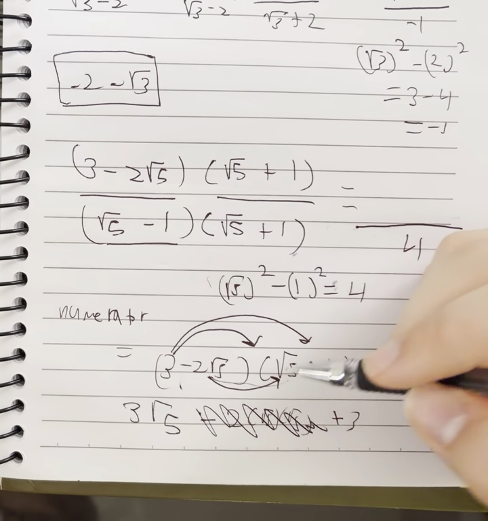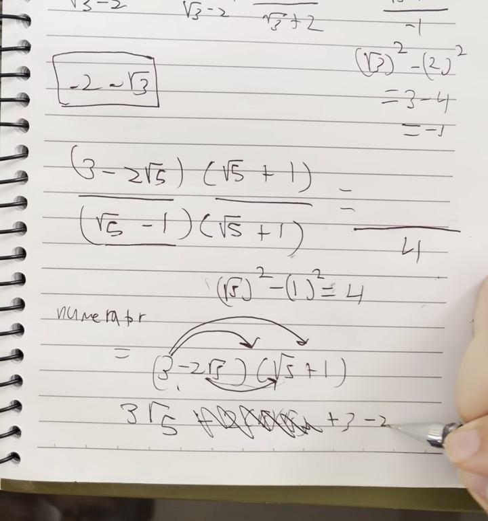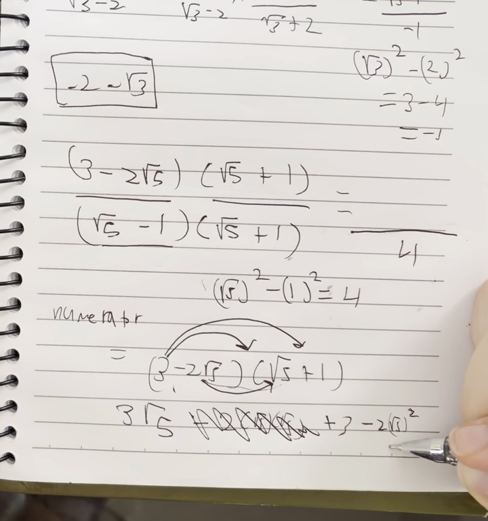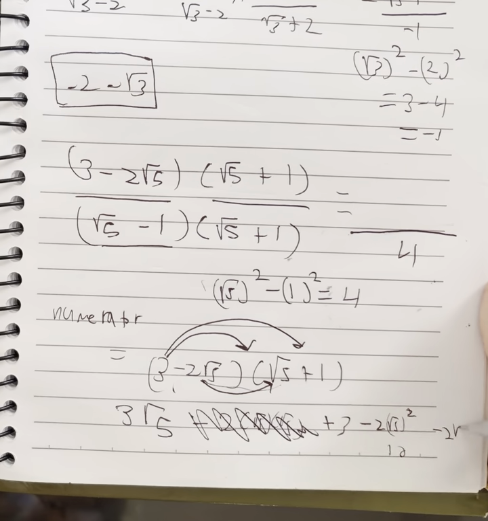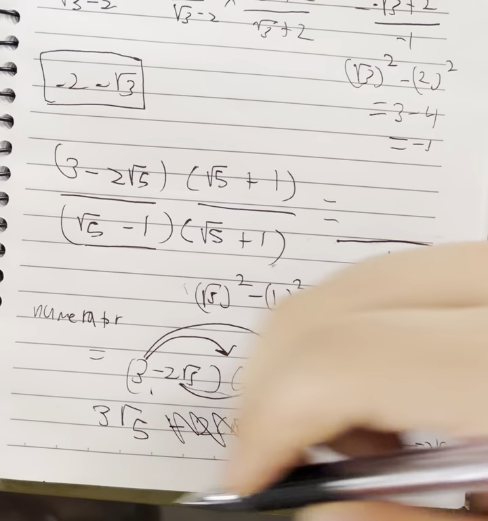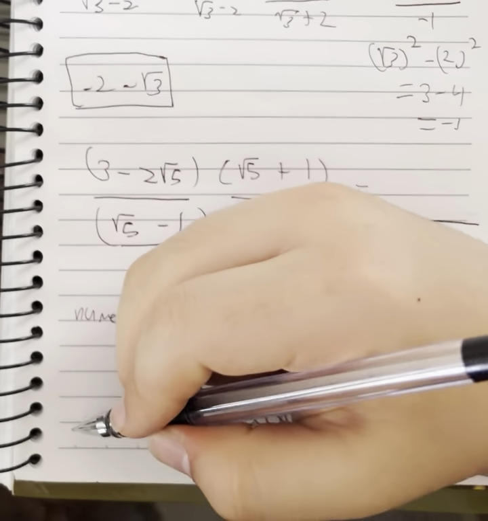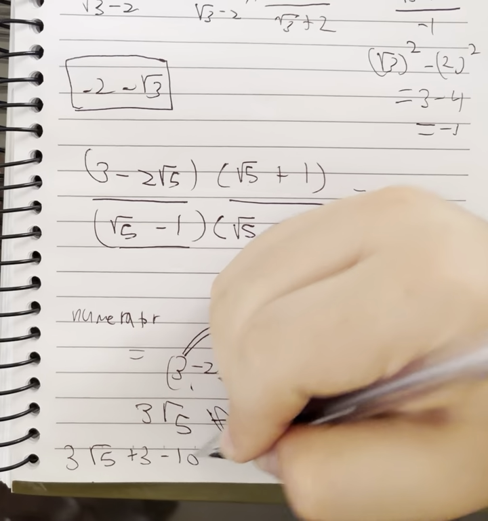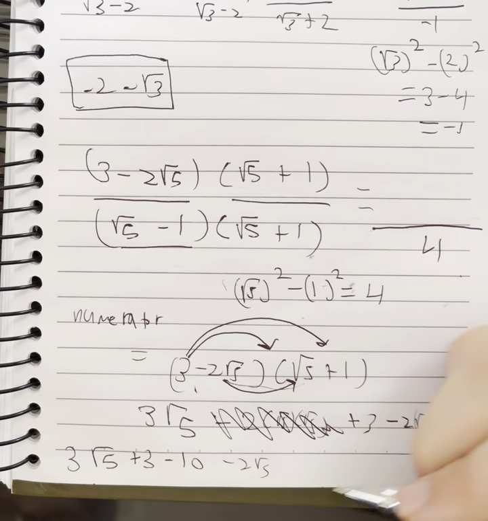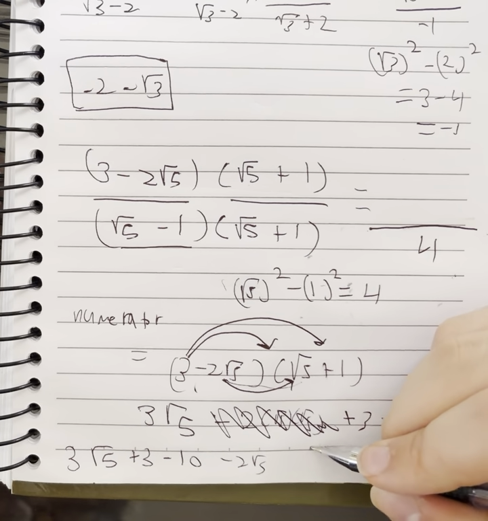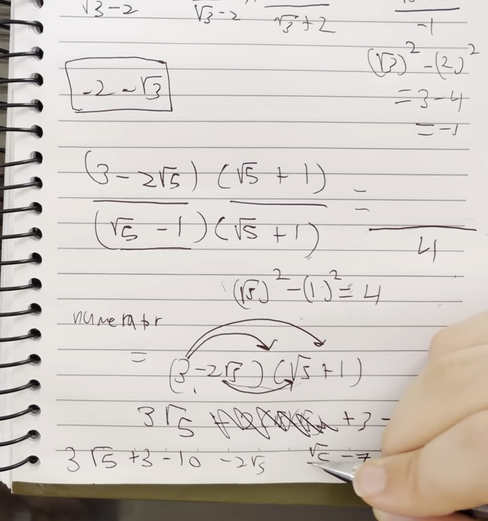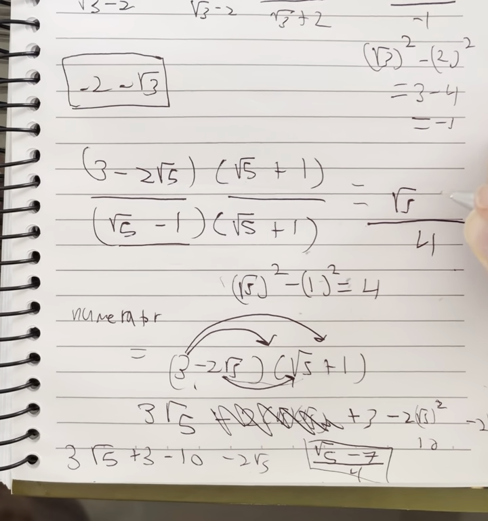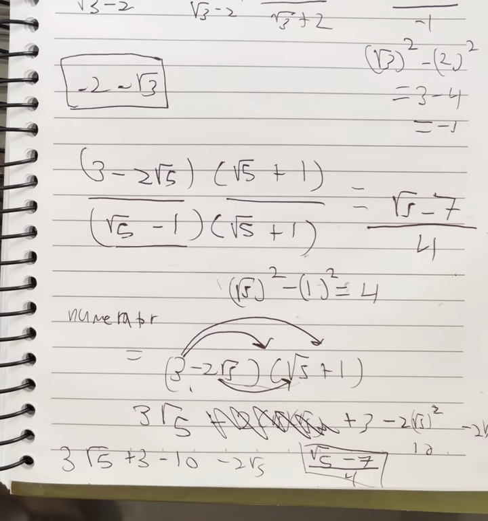Now negative 2 root 5 multiplied by root 5 gives negative 2 root 5 squared, which is 10, and then minus 2 root 5. You get 3 root 5 plus 3 minus 10 minus 2 root 5. So that's root 5 minus 7 over 4. This is the solution.